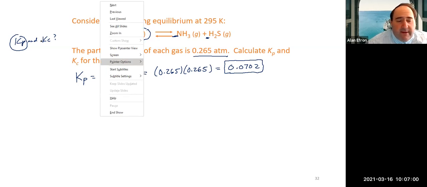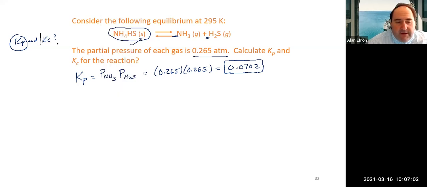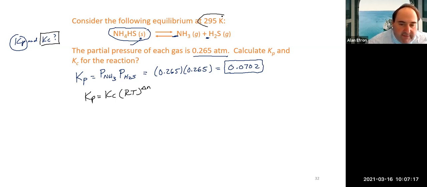Now, once we do have the Kp, we can then figure out the Kc value. And again, we would want to use that equation that we saw previously, which is that Kp is equal to Kc times RT to the delta n. Our temperature was already given to us in Kelvin. If not, remember to just add 273 to Celsius.